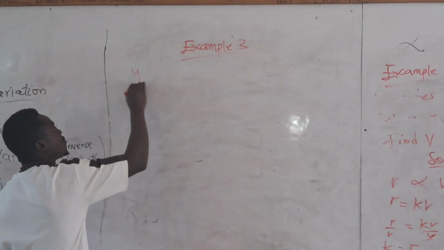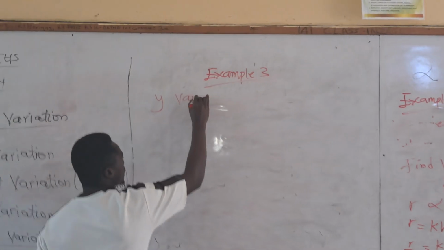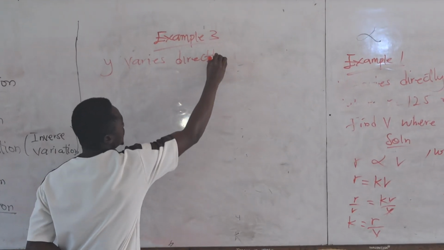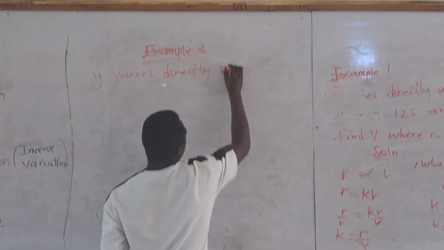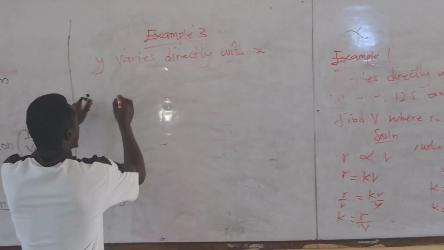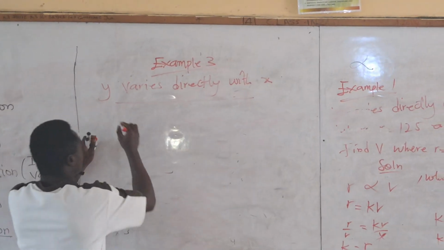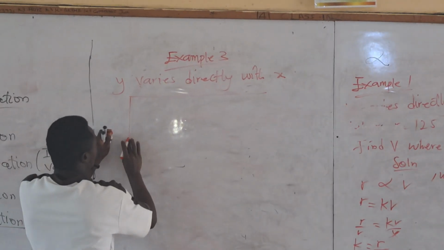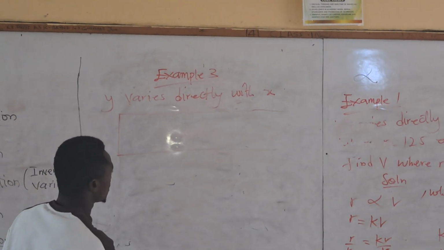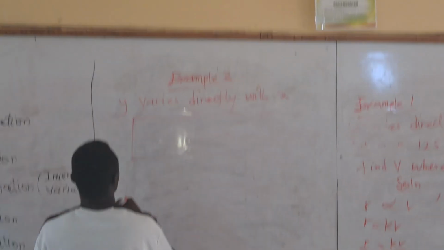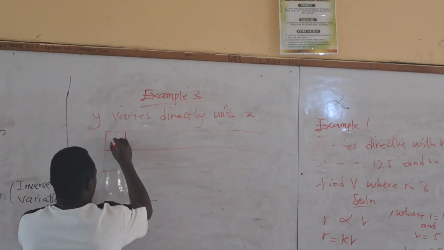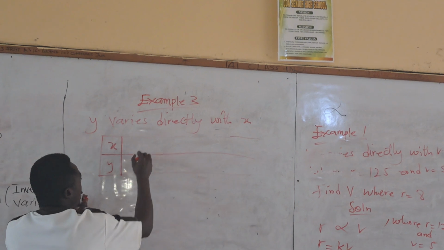So y values vary directly with x. So we have a table like this. We have a table of x and y.